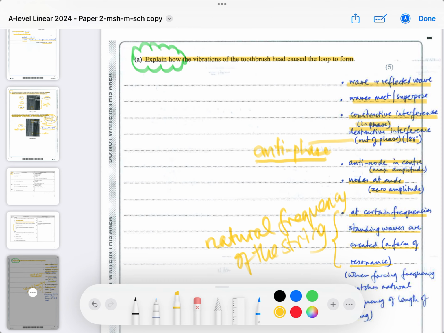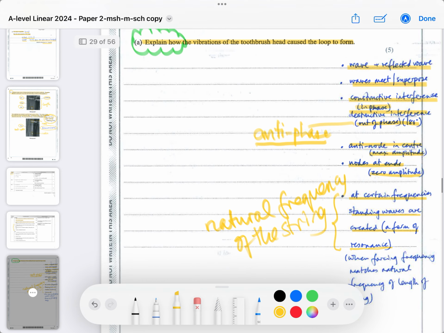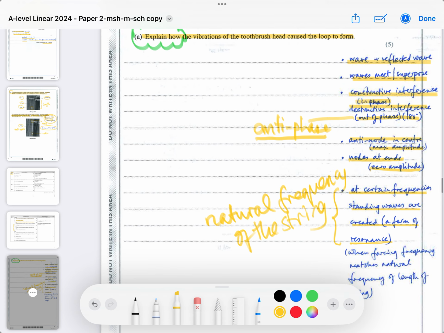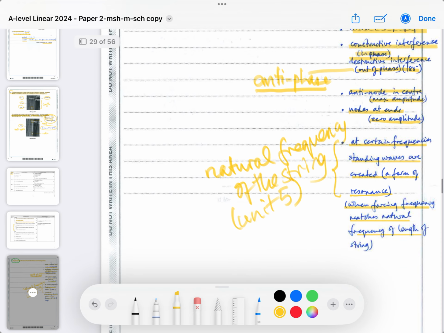So whenever something is being forced to vibrate, if the forcing frequency matches the natural frequency, now we're talking about Unit 5 or Year 13 content, then when the forcing frequency, I've written it here, matches the natural frequency of the length of string, you're going to get large amplitudes, okay?